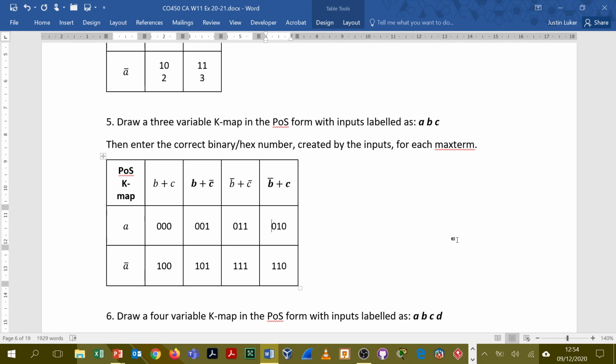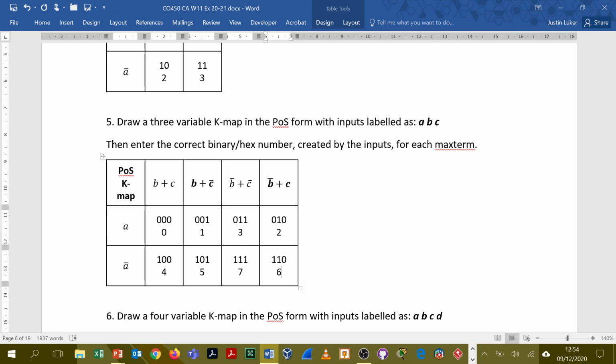And again, converting those back to hexadecimal, that's 0, 1, 3, 2, 4, 5, 7, 6.